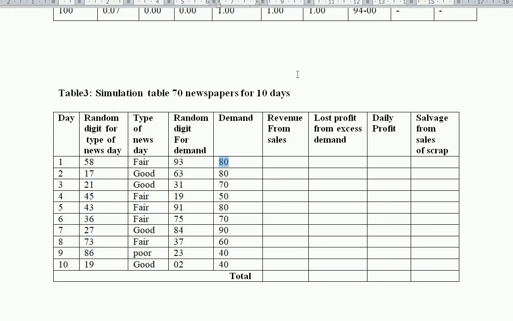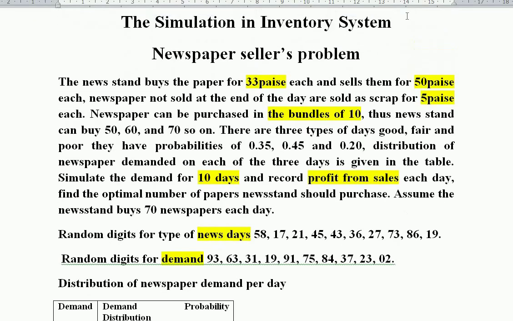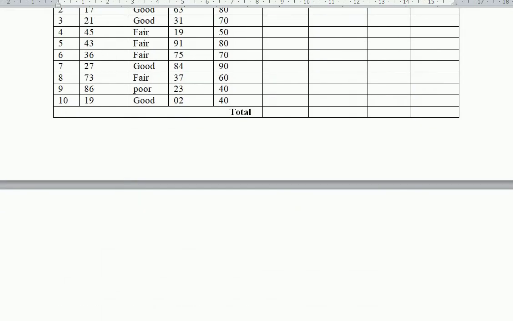So they are going to sell 70 newspapers, and the selling price is 50 paise each.